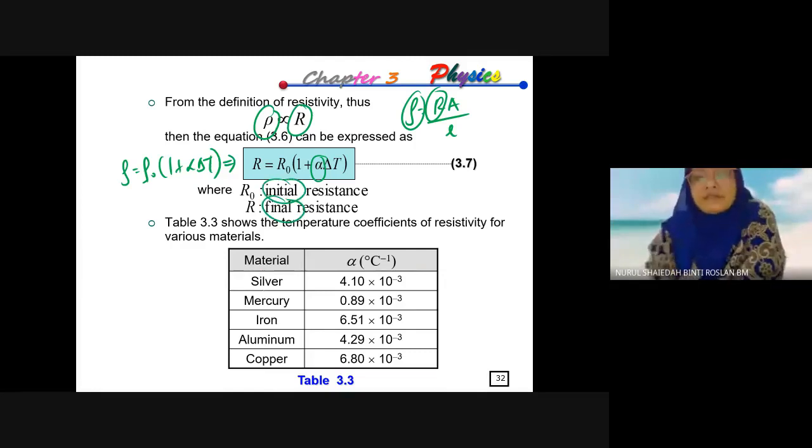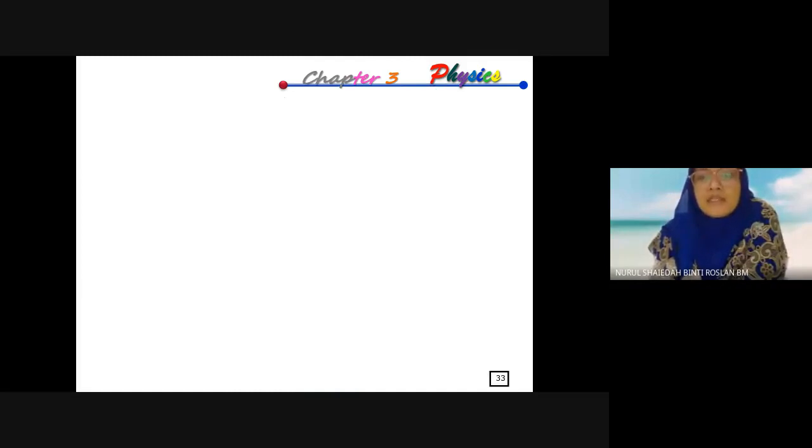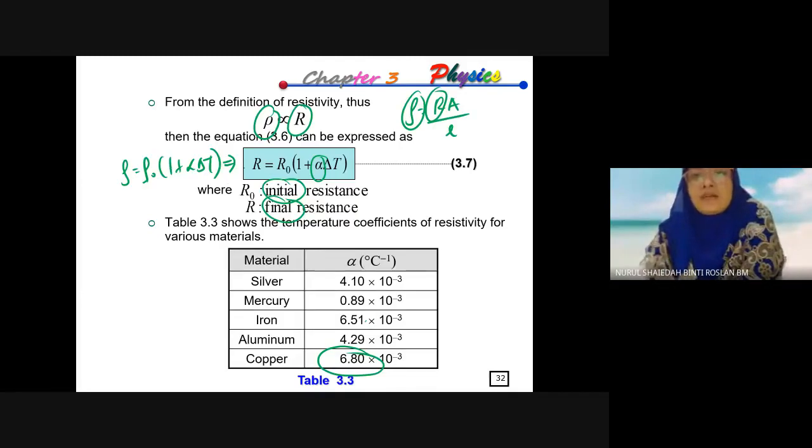Okey, ini contoh je silver, mercury, iron, aluminium, copper. Ini contoh resistivity lah. So kalau awak tengok dekat sini yang paling besar adalah iron, copper. Yang paling kecil adalah mercury. Sebab kalau soalan boleh tanya macam mana nak increasekan R, so you katalah temperature ni lah, you ubah dia punya temperature.